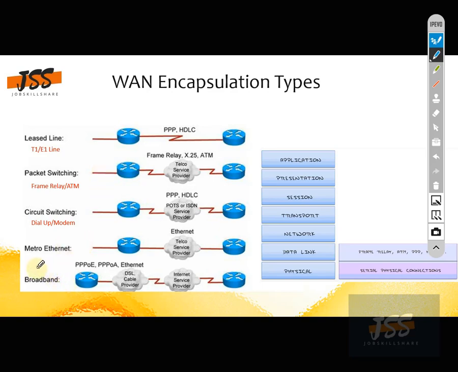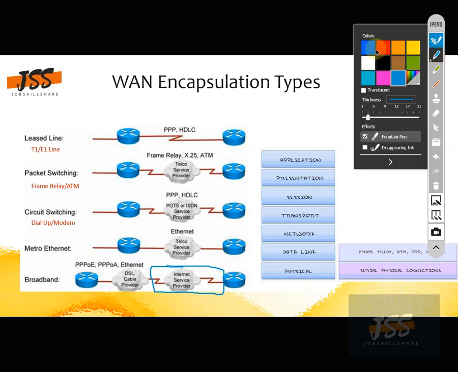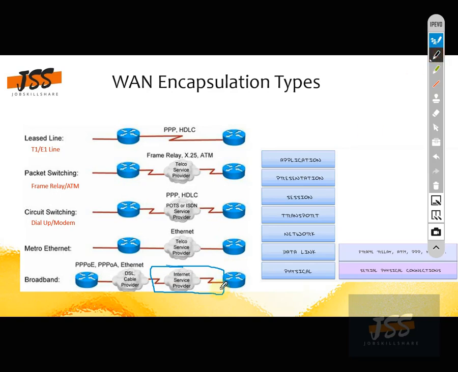And then we have broadband. Broadband is very similar to point to point, but instead of, as you can see, using a serial connection here, they are connecting with the service provider using a DSL modem but over Ethernet.